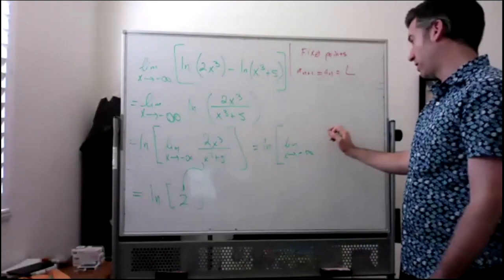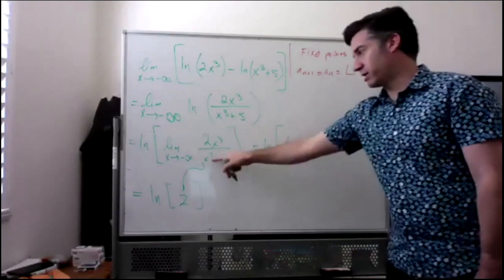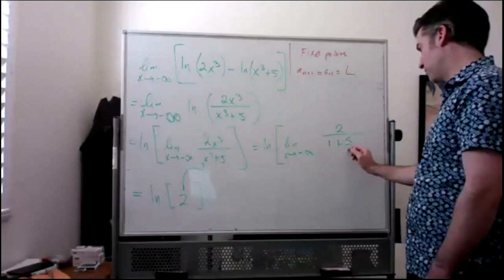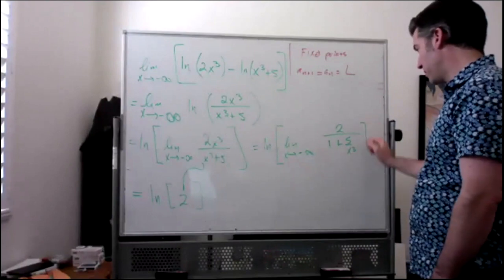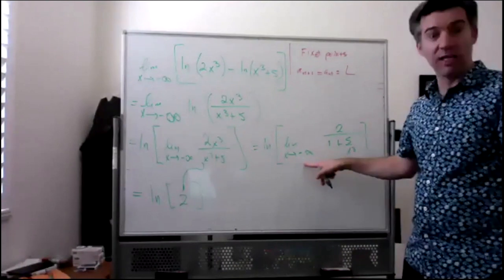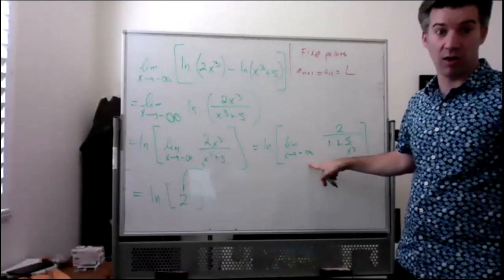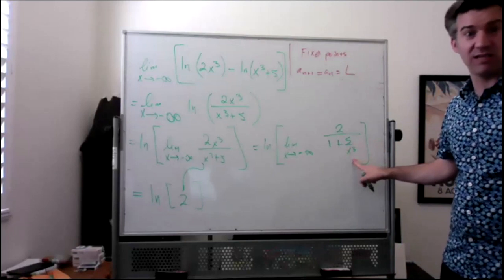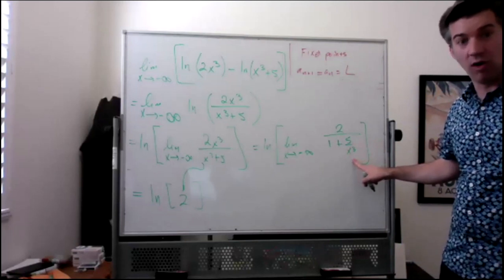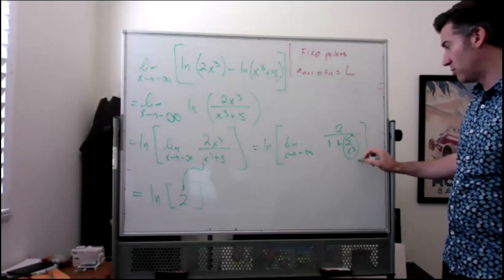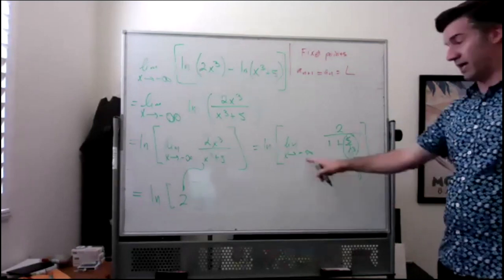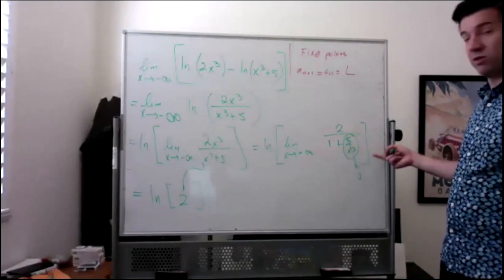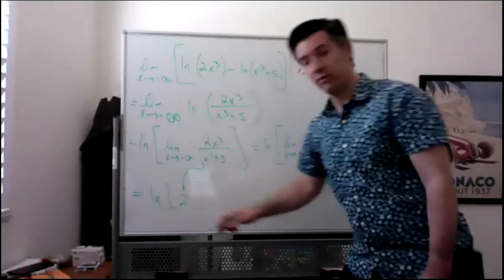So 2x cubed over x cubed is 2, x cubed over x cubed is 1, and 5 over x cubed stays 5 over x cubed. As x gets really, really negatively large, 5 divided by a large number, whether it's positive or negative, still gets very, very small. So 5 divided by x cubed goes to 0 as x gets really negatively big. Then you get 2 over 1 plus 0, which is 2. So that's how. Okay, log of 2.